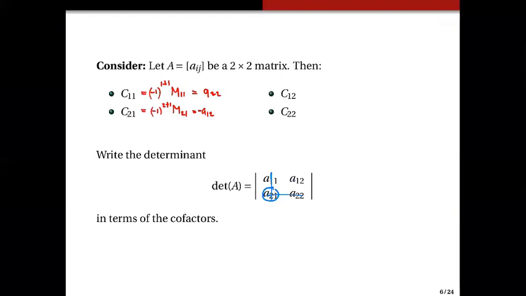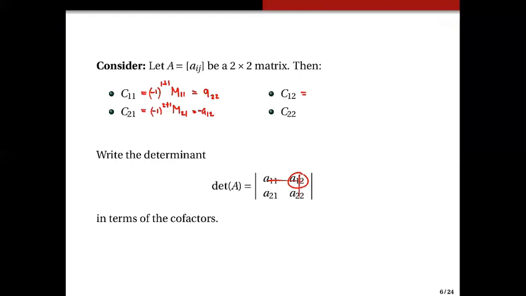If we compute the other two, we will be able to get the other values. For C12, this is the entry 1, 2. We delete this column and this row, and we will have A21.